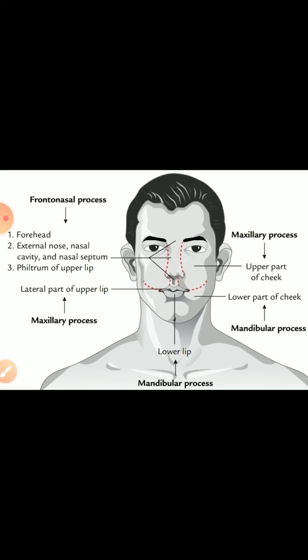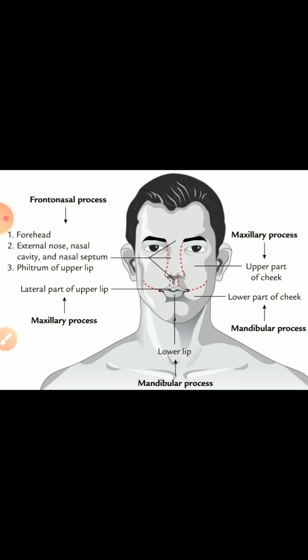Number one, the frontonasal process, which is only one. There are two maxillary processes, paired right and left, and two mandibular processes, paired. So two mandibular processes, two maxillary processes, and one frontonasal process. The face develops from these.